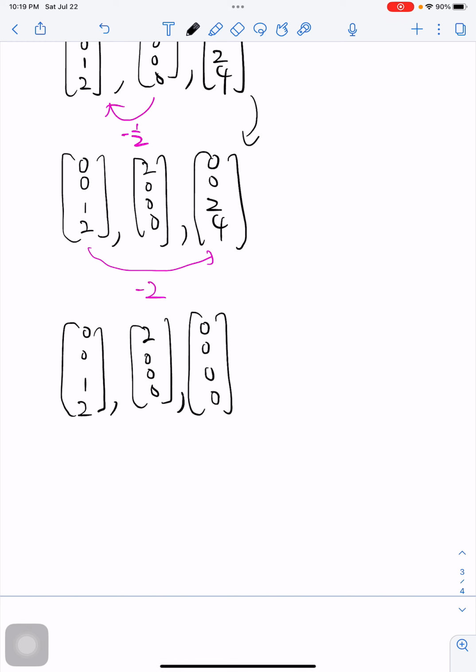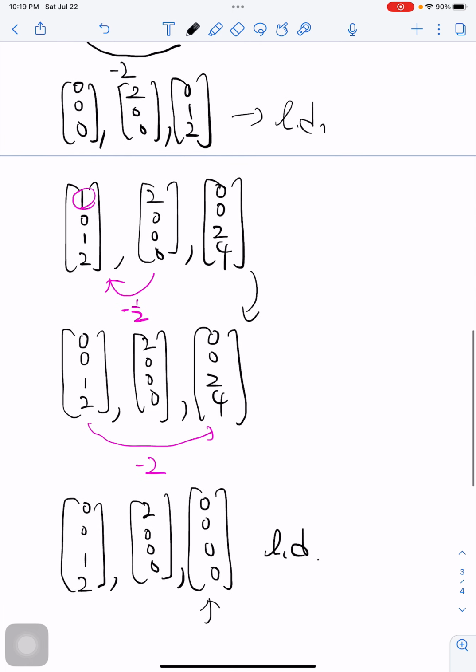Apparently, the zero vector will be redundant, and of course, these three are linearly dependent. I didn't carry out any definition. I simply determined their dependence by linear combinations. Okay? All right, so I hope these examples can help you better understand the concept of linear dependence or linear independence.